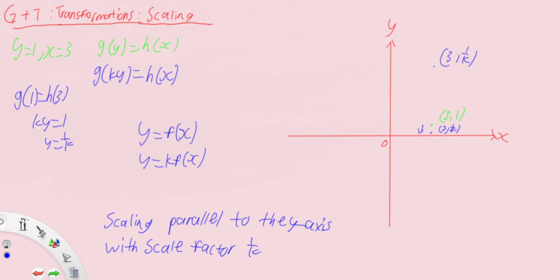If you want to do something that's faster, if you're dealing with y, then this is the way to look at it as well. But you need to know at least the generic way. And if you want to know the faster way of y equals k f(x), then go ahead. Otherwise, this is y-axis scaling.